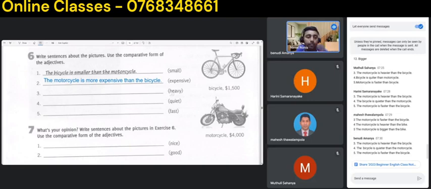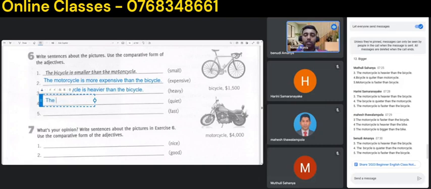Heavy. Which one is heavy? Motorcycle, no? Okay, let me say, the motorcycle is heavier than the bicycle. Next one, quiet. Quiet is bicycle, no?